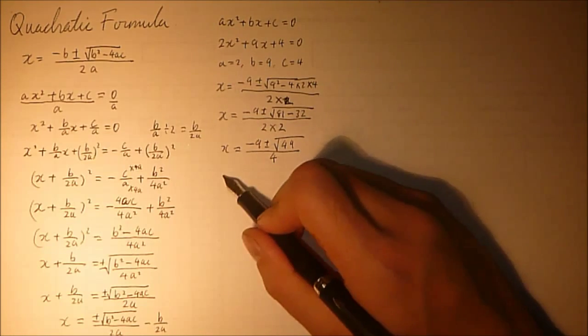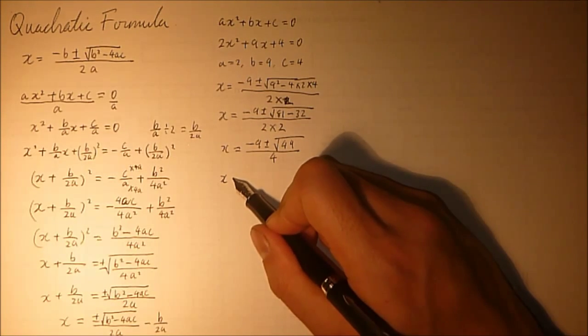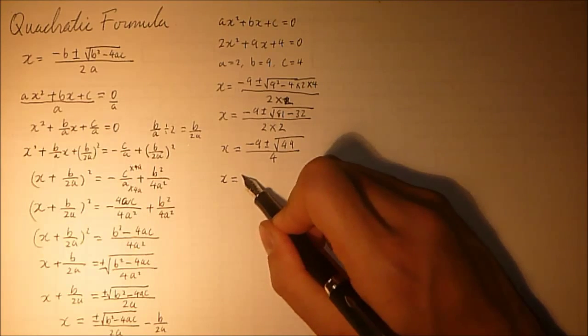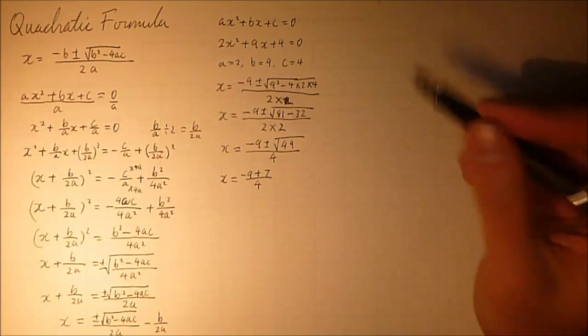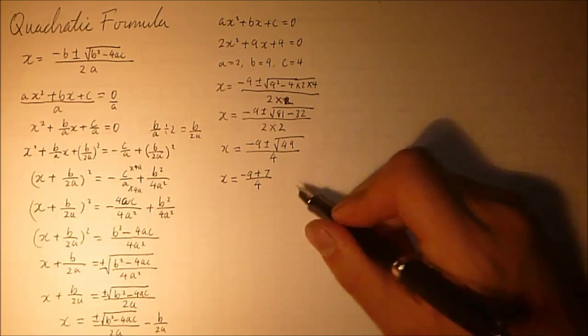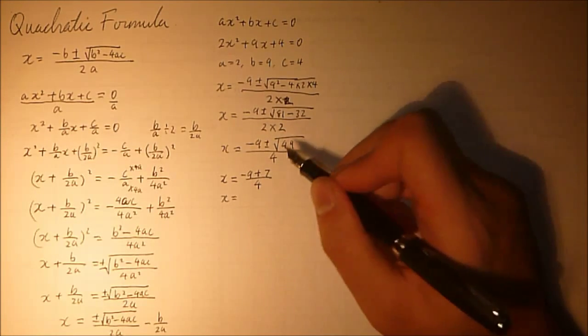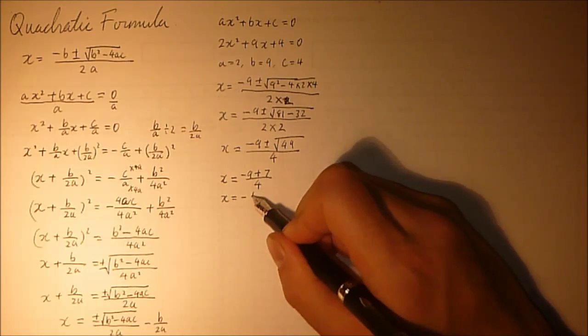So x can be two numbers. Firstly, x equals minus 9 plus 7 over 4, which gives us negative a half.